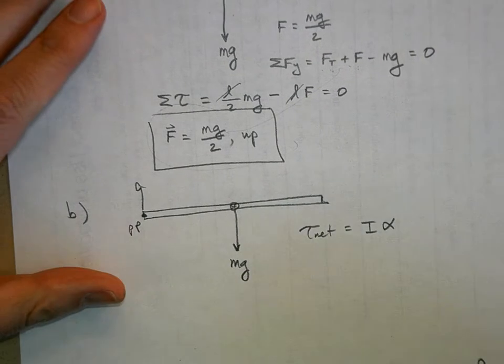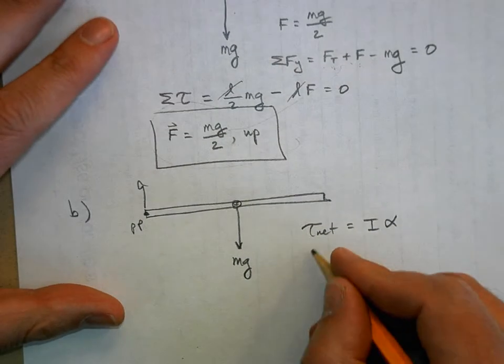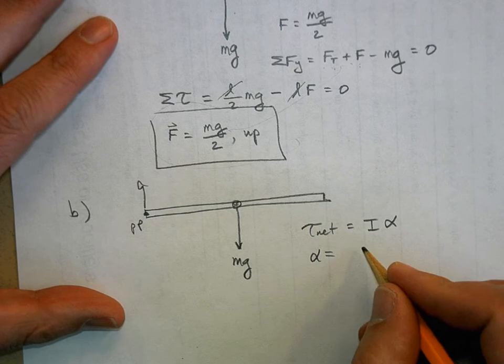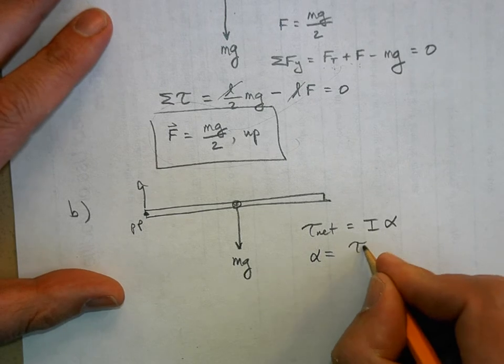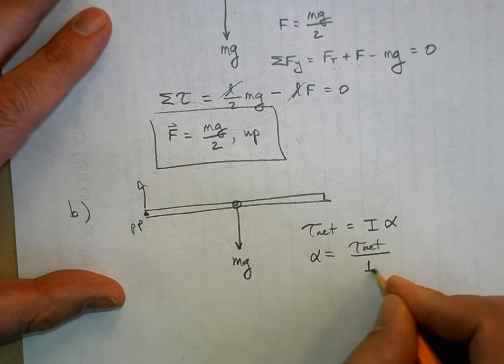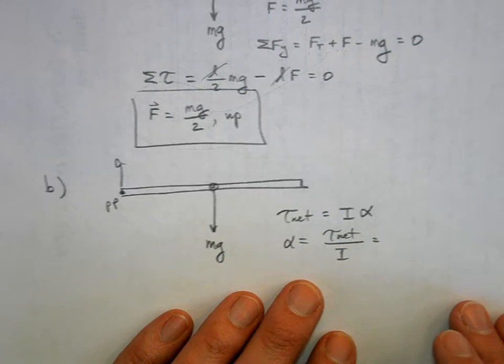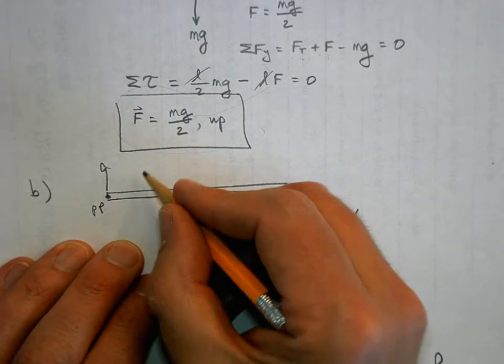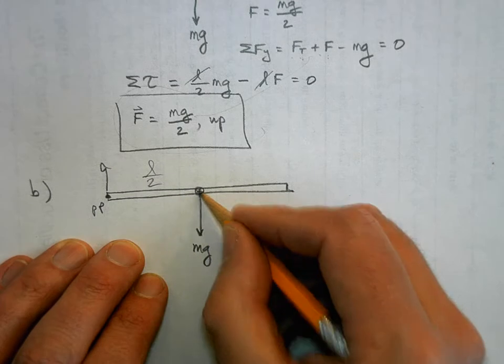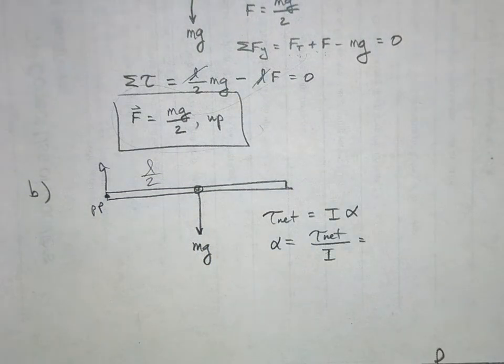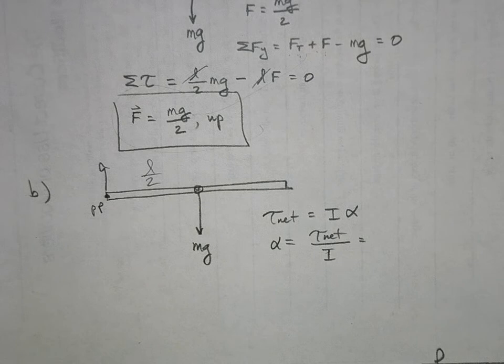All right, so alpha is going to be equal to the net torque over I. What is the net torque? At this point, it's L over 2 times mg. Now, this is at the instant the thread has been cut, so it hasn't had time to move yet. So its angular velocity is still 0.